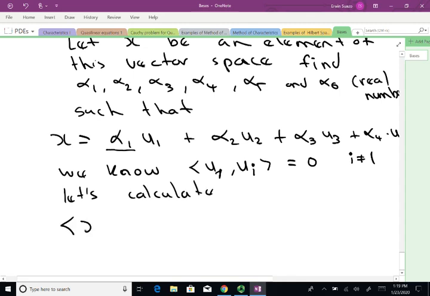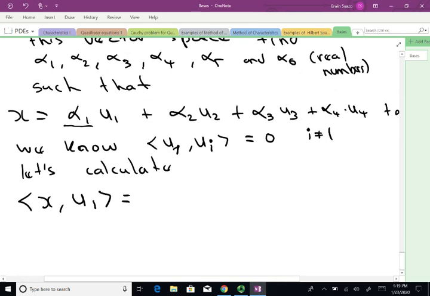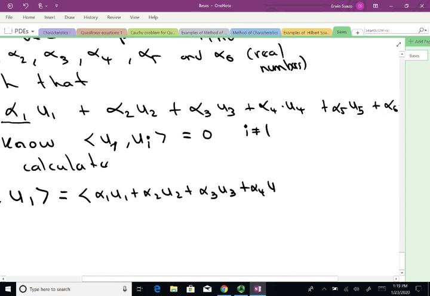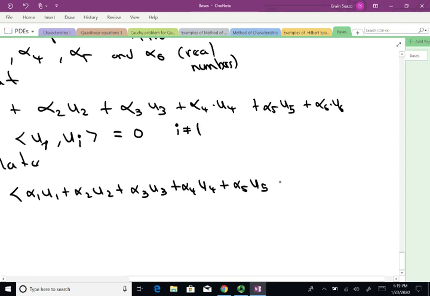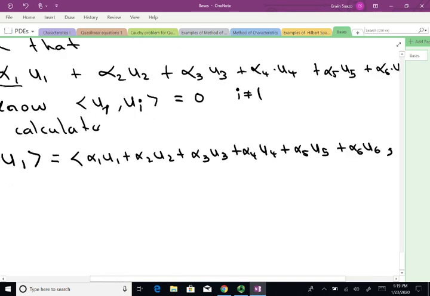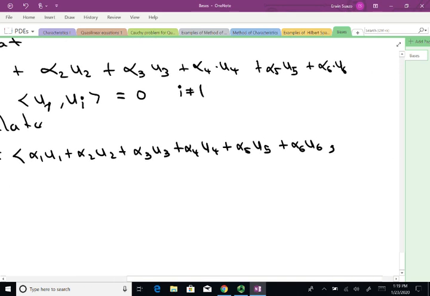So what is x? x is alpha 1 u1 plus alpha 2 u2 plus alpha 3 u3 plus alpha 4 u4 plus alpha 5 u5 plus alpha 6 u6, and this is all x, u1.